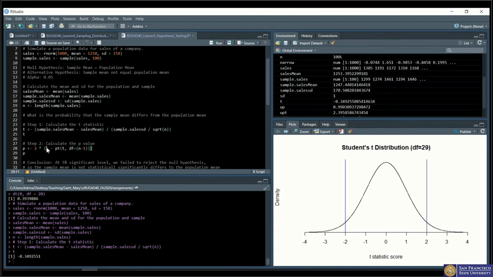And I'm going to use 1 minus that value so that I can get the tail probability. Once I get the tail probability, I can multiply that by 2, then I will get the total sense of how great the p-value is on two sides of the distribution, given the location of t. So let's run this and see what the result is.